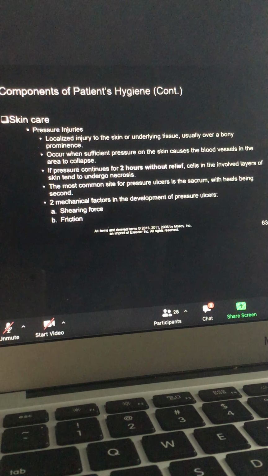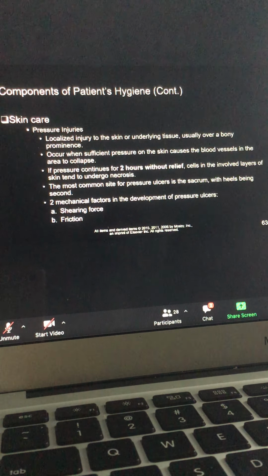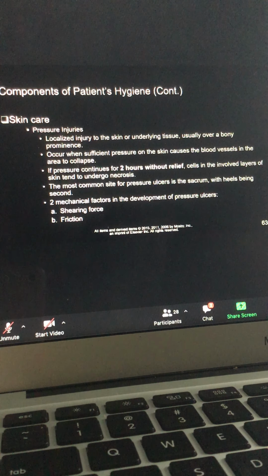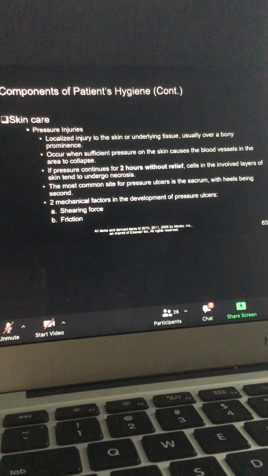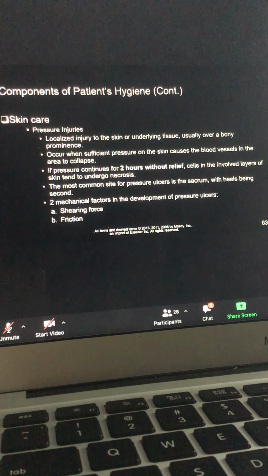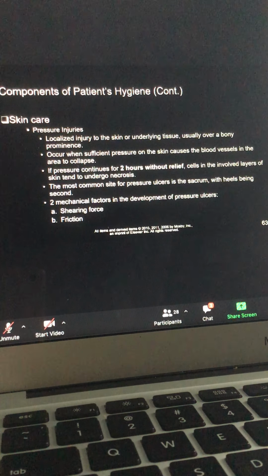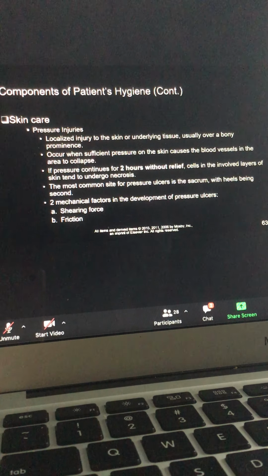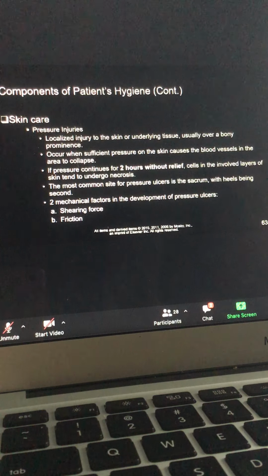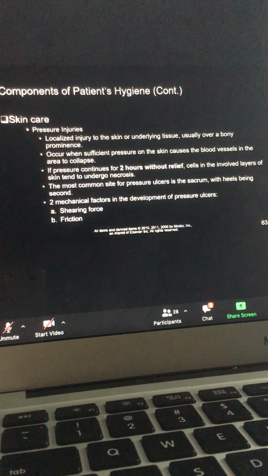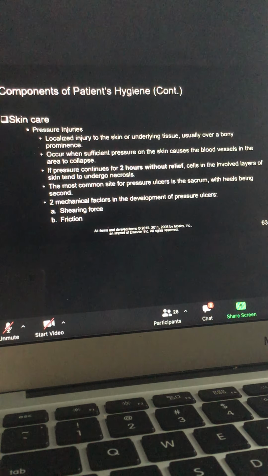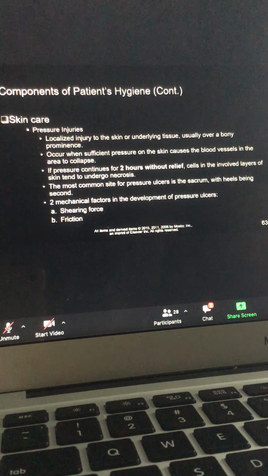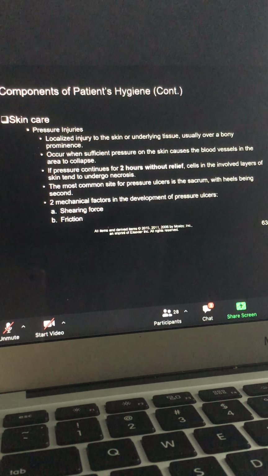You have the capillary system. This is how the blood flows from the heart to the artery, to the arterioles, to the capillaries, then to the venules, then the veins, and back to the heart. So the most sensitive areas are those blood vessels that are a single cell layer, your capillaries. When you put pressure on them, they are very fragile, and an extended amount of pressure on those capillary beds can cause them to collapse, cutting off the circulation, and that's where injury would occur.